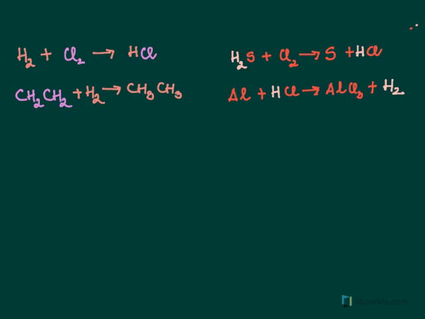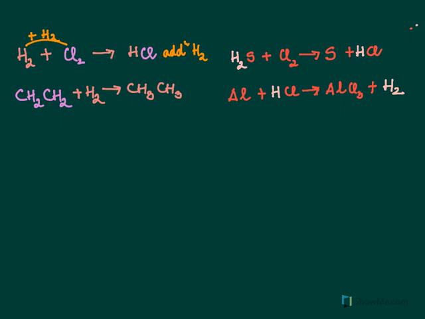Now let's observe this first reaction. In this first reaction, there is no give and take of oxygen. But what is happening to chlorine? Chlorine is adding on to hydrogen. So there's an addition of hydrogen taking place here. Here this compound is a new compound that you will learn in more detail.